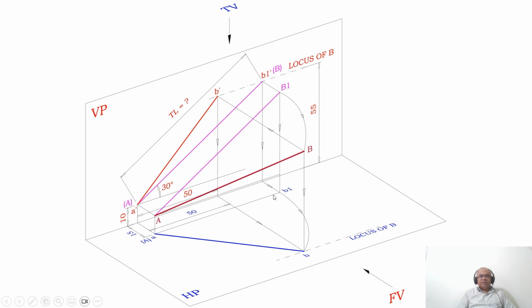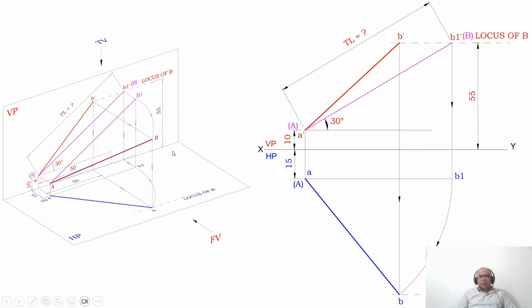The B1 which is there, with A as center, taking the radius of AB1, you draw an arc such that it comes and touches the distance between the end projectors in the top view. You mark this point as small b, then join A to B with a dark line. So now we got the locus of B in the top view. This is how you will be able to get the top view for the front view.